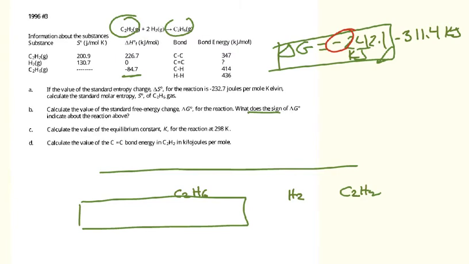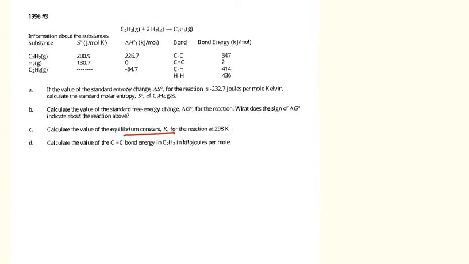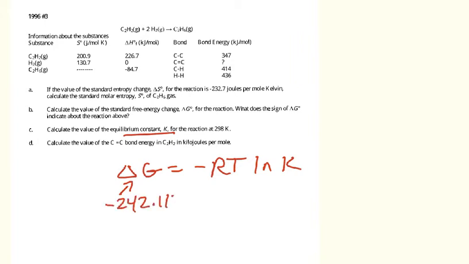In part C, they want us to calculate the equilibrium constant. You can easily relate the equilibrium constant to delta G, which we already know, using the equation delta G equals negative RT ln K. We plug in our value for delta G, negative 242.1 kilojoules.